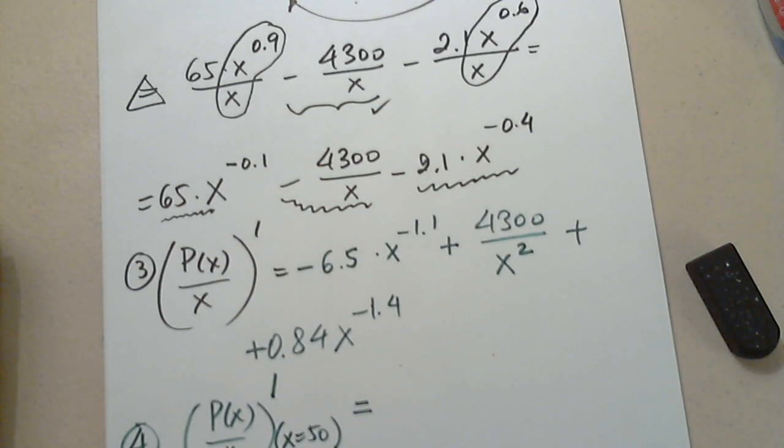Okay, so negative 6.5 times x, and the power is negative 1.1. Close. Bring it down, plus 4300 divided by x squared, and then plus 0.84 times x to power negative 1.4.